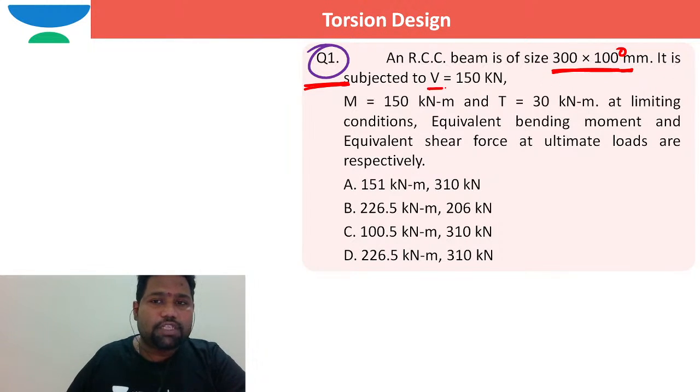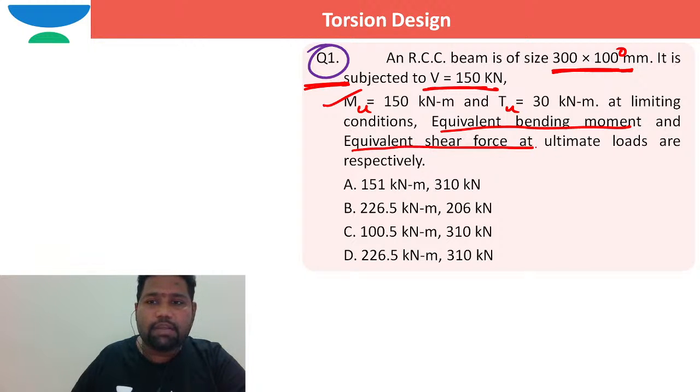It is subjected to a shear force of V equal to 150 kilonewtons. The bending moment at limiting conditions is MU, and the torsional moment at limiting conditions is TU. These are factored moments. Then what are the equivalent bending moment and equivalent shear force at ultimate loads?